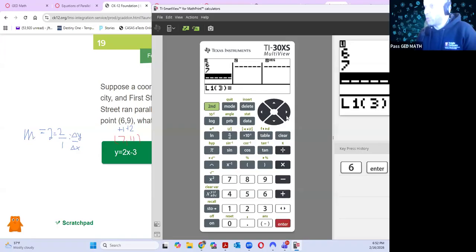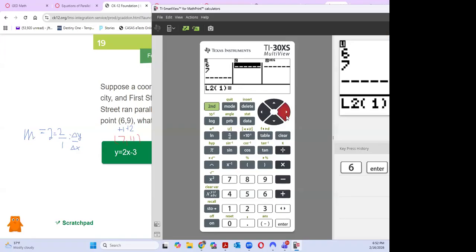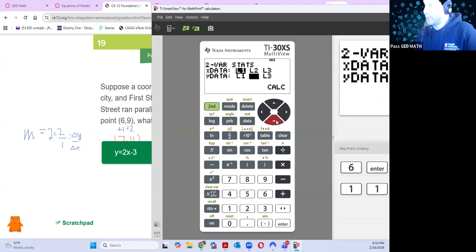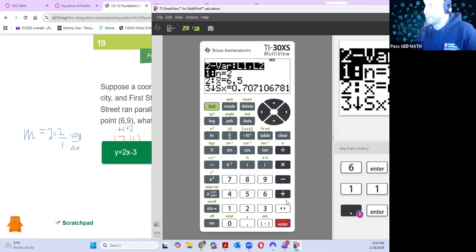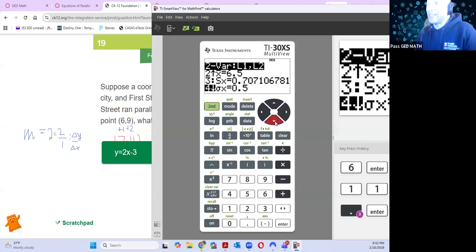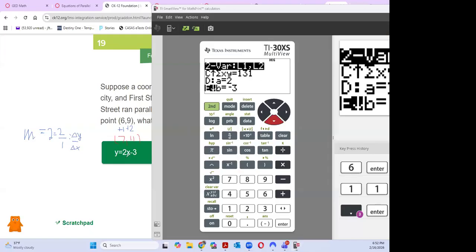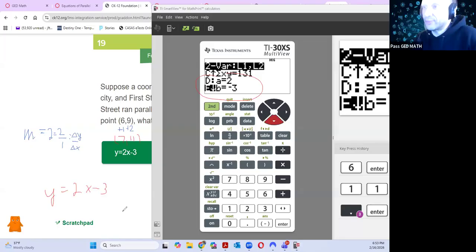I'm hitting my right arrow. What are my two y's? 9 and 11. 9 enter, 11 enter. Second data, two variable calculate. I'm looking for a lowercase a and a lowercase b. What's my equation of the line? y equals 2x minus 3.